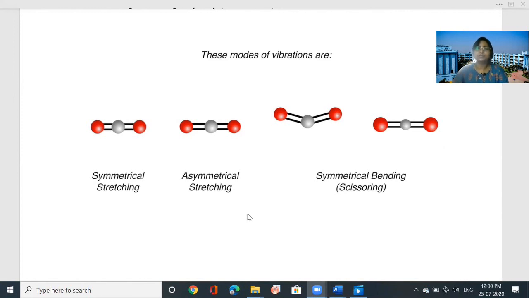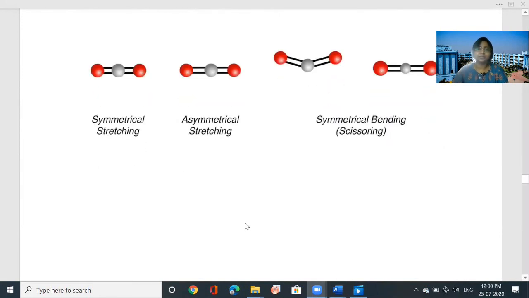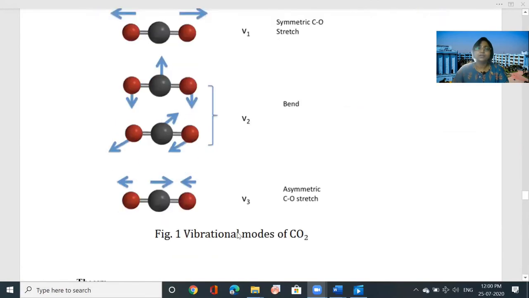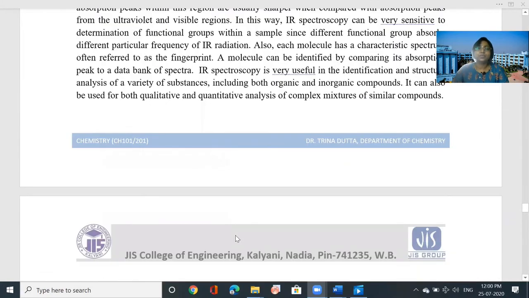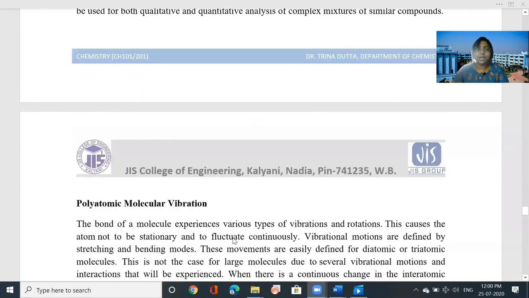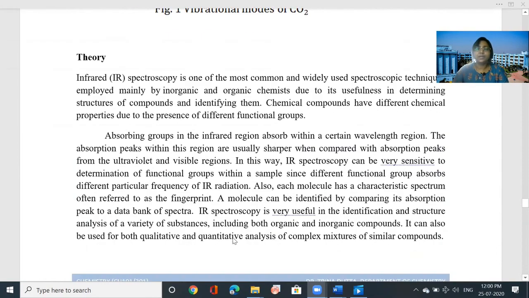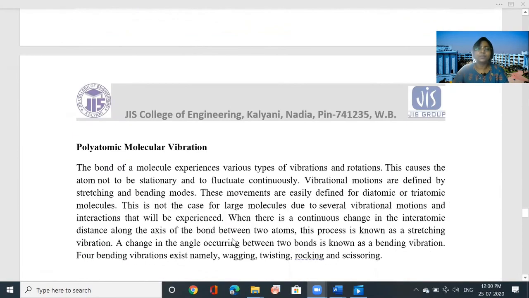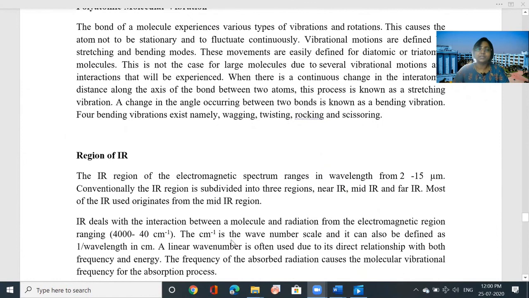So it absorbs radiation around the 15 micrometer range. So we can understand different types of functional groups from the IR radiation.